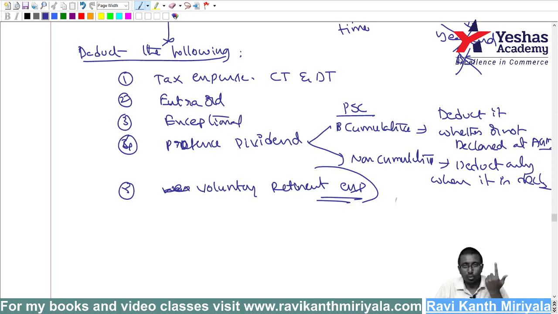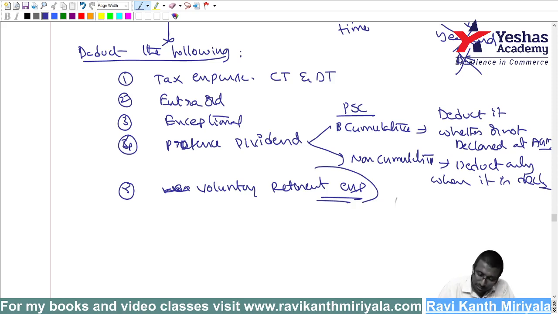Even though you show deferred expenditure for the purpose of balance sheet presentation, still for calculating EPS you have to deduct it. Even though it was not charged to P&L, it should be deducted for the computation of earnings per share.